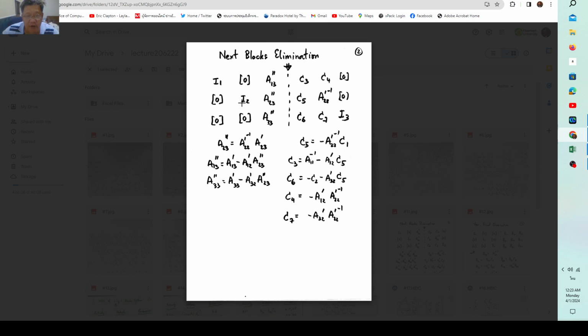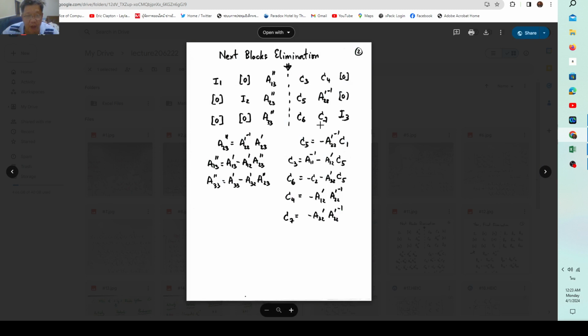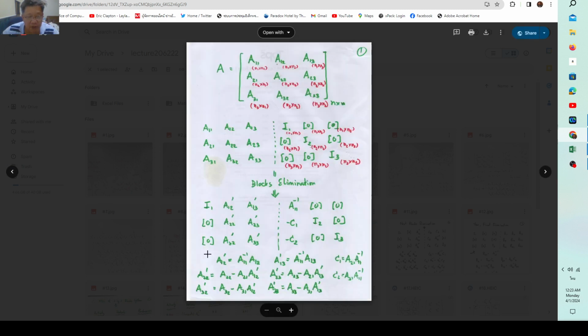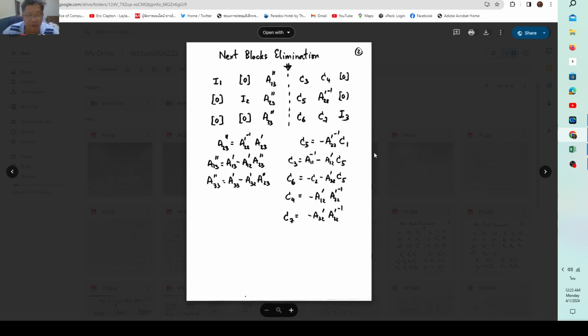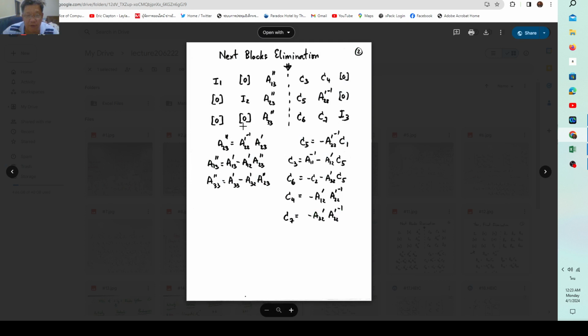This one we already made the second row of submatrices first, and then we can eliminate this element to become 0 very easily. You go back here, you already made this I, so you use A32 prime, right? Multiply A32 prime by this submatrix row, and subtract from the original value, location by location. So when A32 prime is multiplied by I2 and then subtracted from A32 prime, this one becomes 0, right?